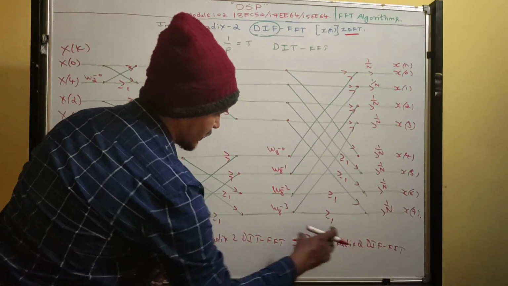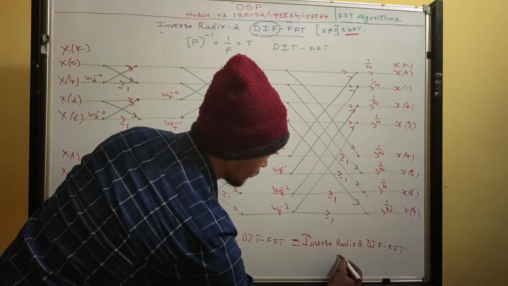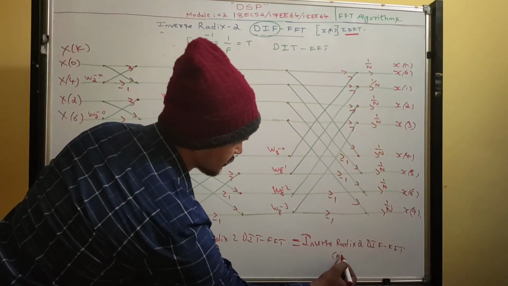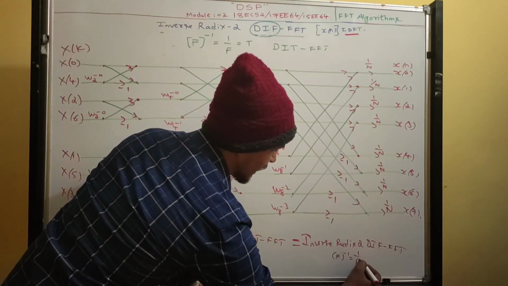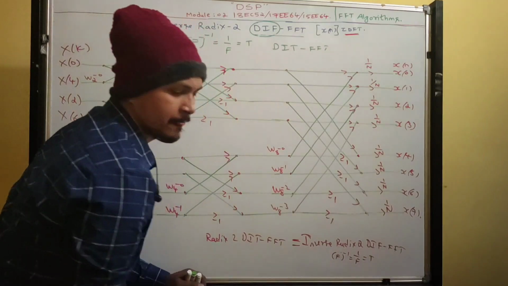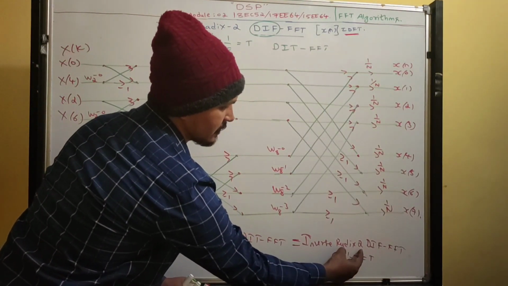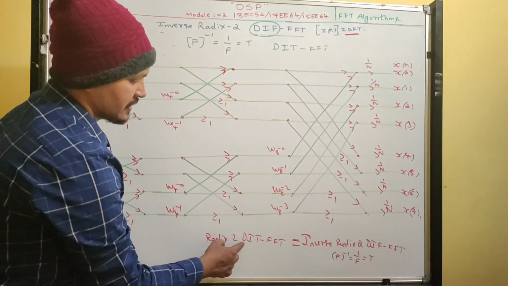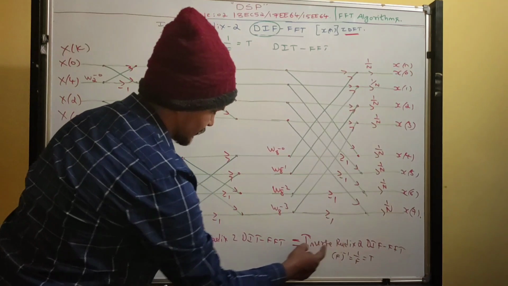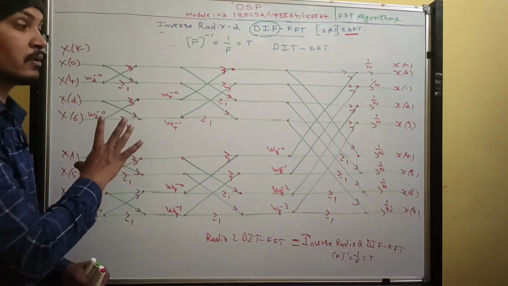So this will become like this. How? Look at here, decimation in frequency. You take frequency and do the inverse operation of that. Frequency inverse, what will you get? 1 by f. What is 1 by f? Time. So I did the inverse operation on this and what I got is time. Then what is left? Radix 2. Decimation in frequency will become decimation in time. What is left? Radix 2. Therefore, this and this are both the same. The signal flow graph is the same.